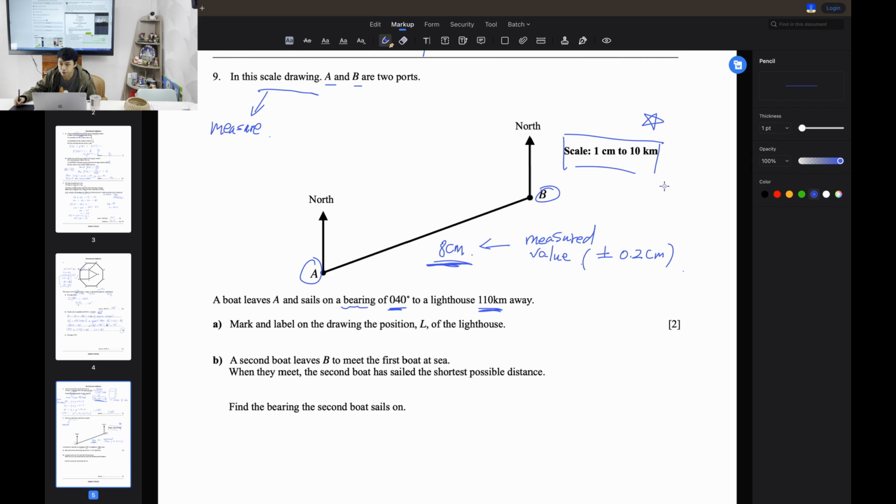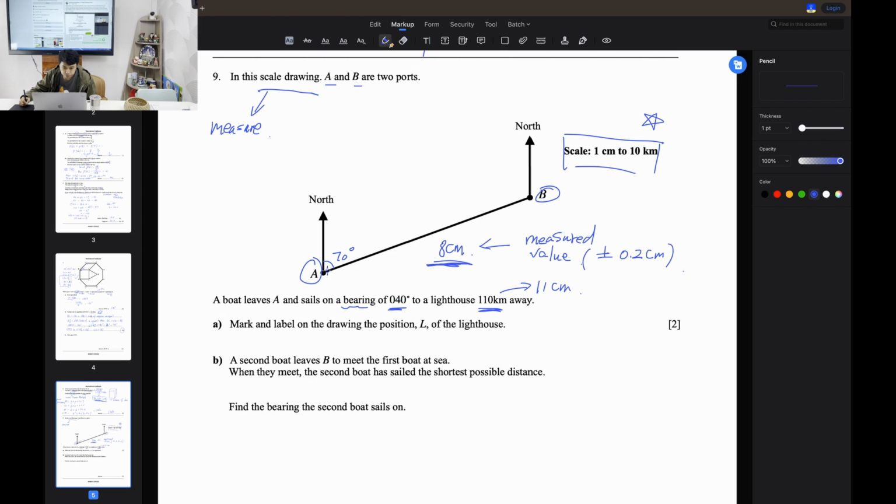The scale is 1 cm to 10 km, which means this will be an 11 cm drawing. You have to draw on this diagram an 11 cm line. And based on my measurement, I think this is about 70 degrees.